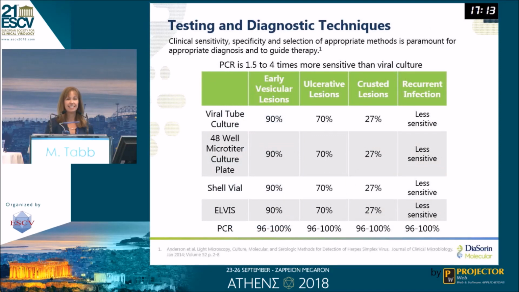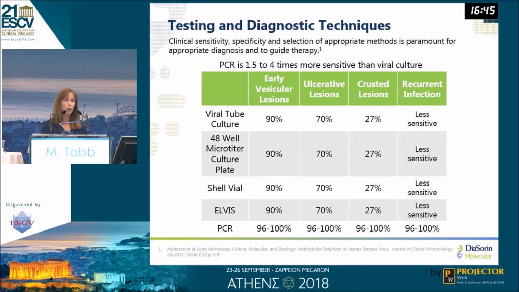In terms of testing and diagnostic techniques, clinical sensitivity and specificity are highly important, but so is a fast diagnosis. As you have already heard, PCR is 1.5 to 4 times more sensitive than some of the traditional methods. Just to get a snapshot of this, I show here the typical sensitivities presented for viral culture, microtiter plate shell viral culture, or ELVIS, at least for lesion swabs for both initial and recurrent infections.